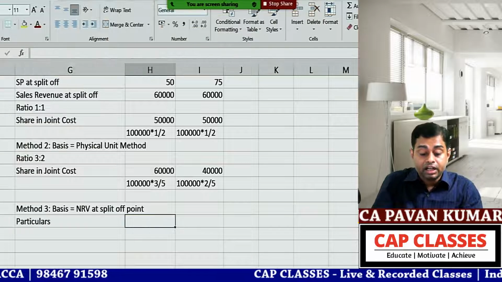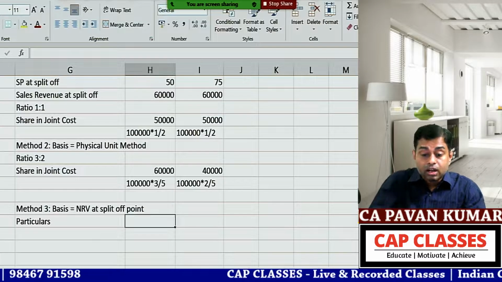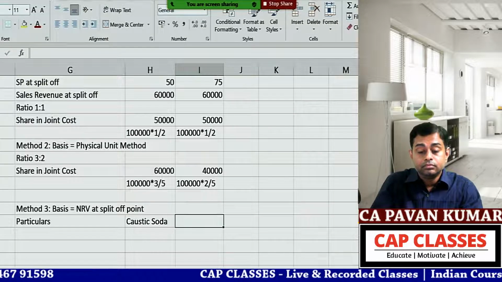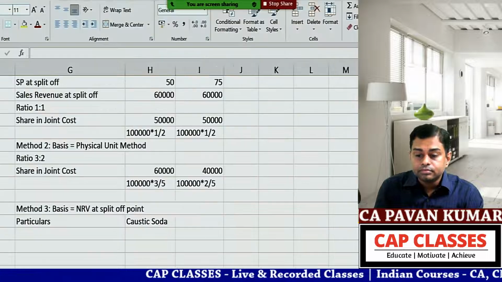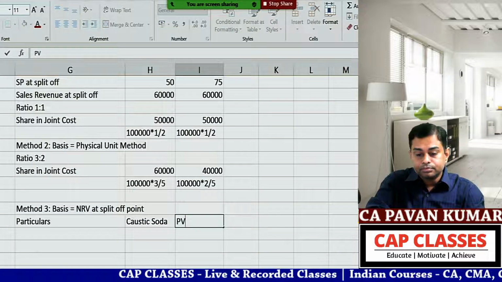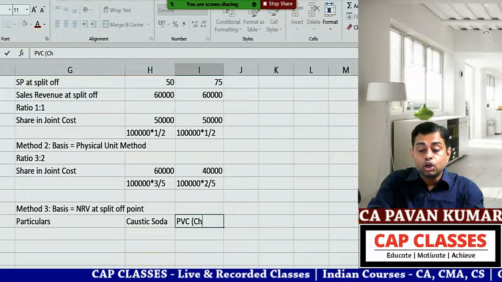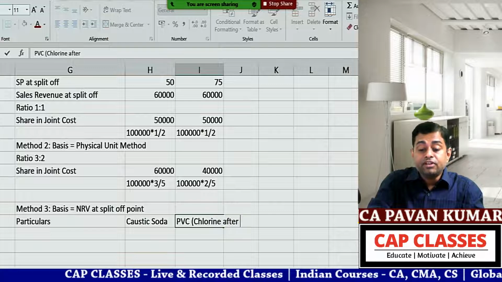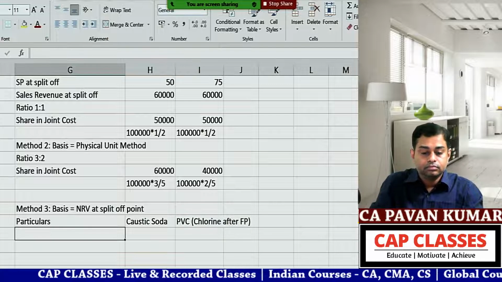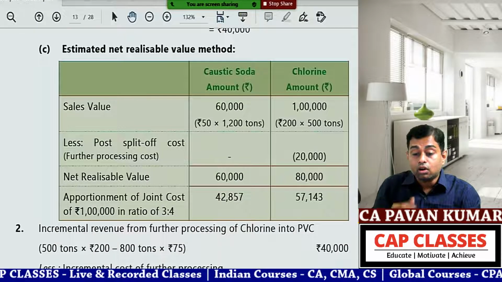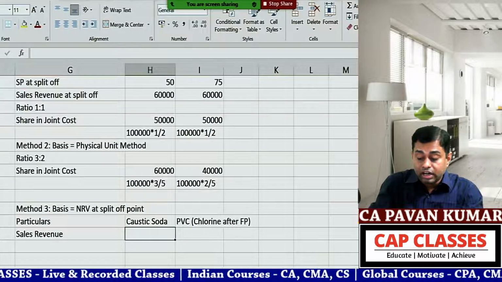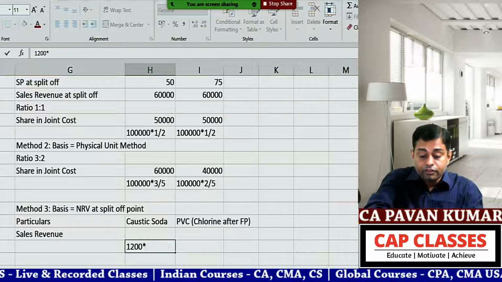So we'll take particulars and we'll take caustic soda. And what is the final product? PVC. That means chlorine after further processing. Sales revenue: here caustic soda will be 1200 tons into 50.